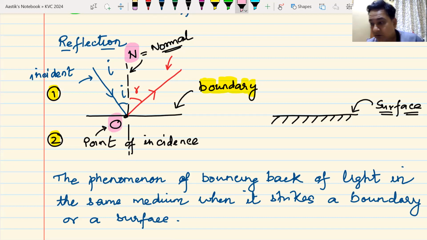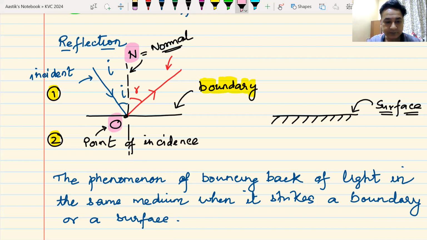Okay, now since we know the fundamentals of reflection, we must also know the two laws of reflection. Can anyone tell me what those two laws of reflection are?